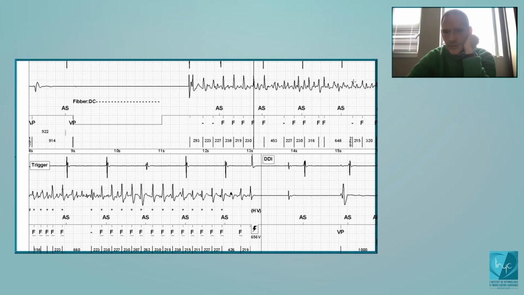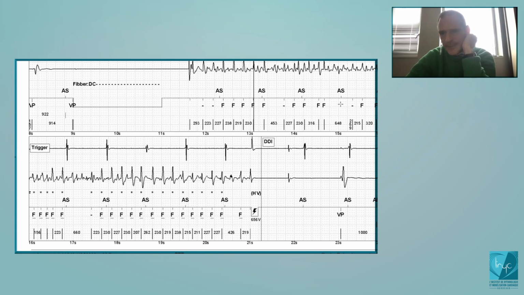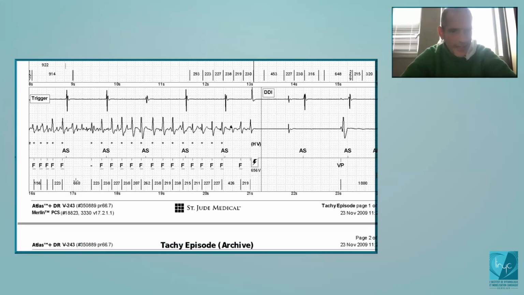So once more, this is an old device, but you see that there is quite some undersensing, but there is not even one cycle which is classified as VS. Because of the way you are analyzing each cycle, comparing the current interval with the average value of the 4 previous ones, even when there is undersensing, there is no cycle classified as VS. Okay, and that's the same after that.